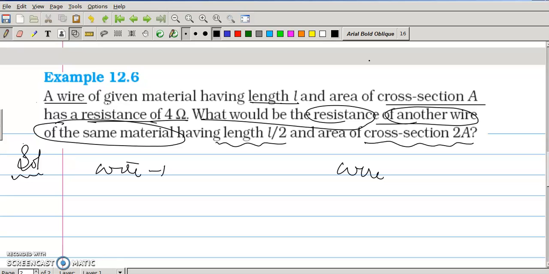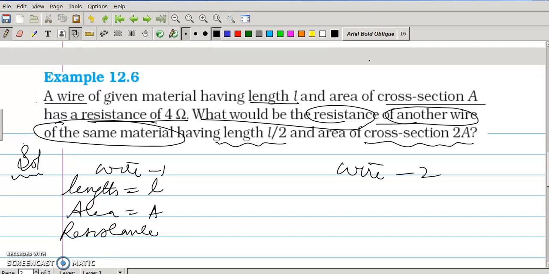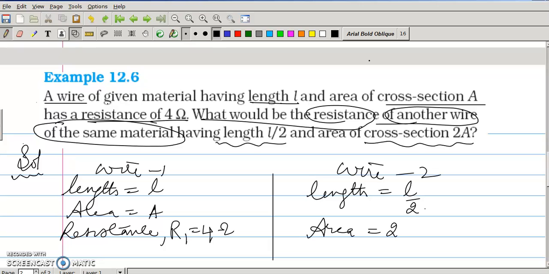So we have two wires. For wire 1, length is L, area is A, and resistance R1 equal to 4 ohm. For wire 2, length is L by 2, area is 2A, and resistance is R2, which we have to calculate.